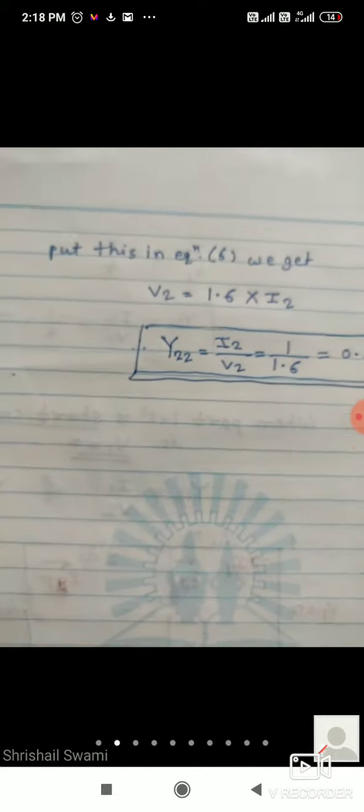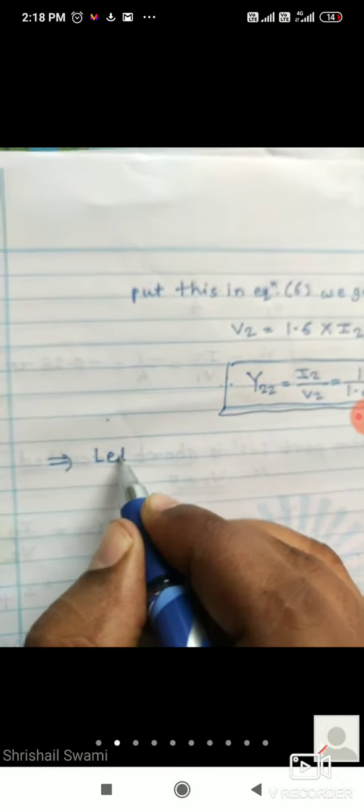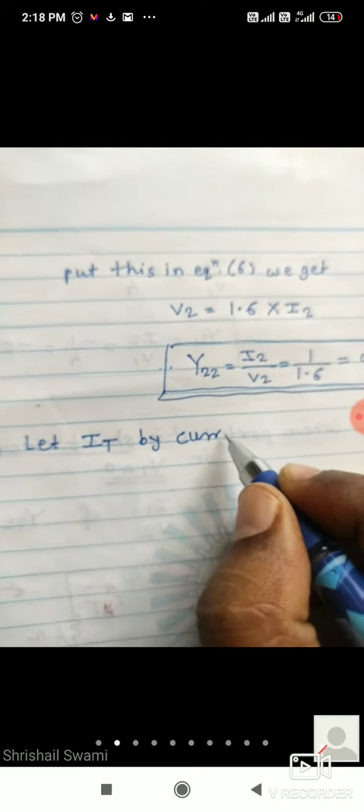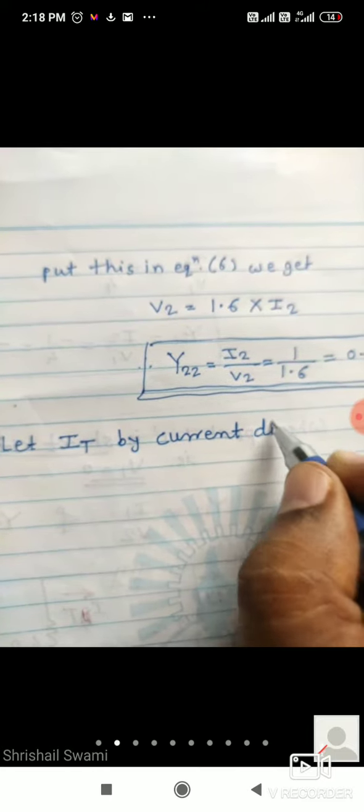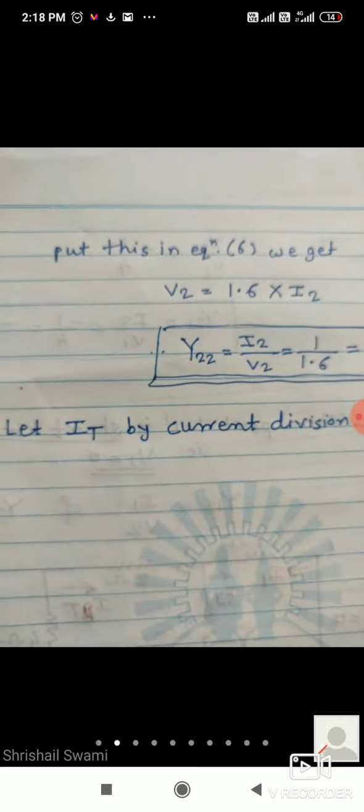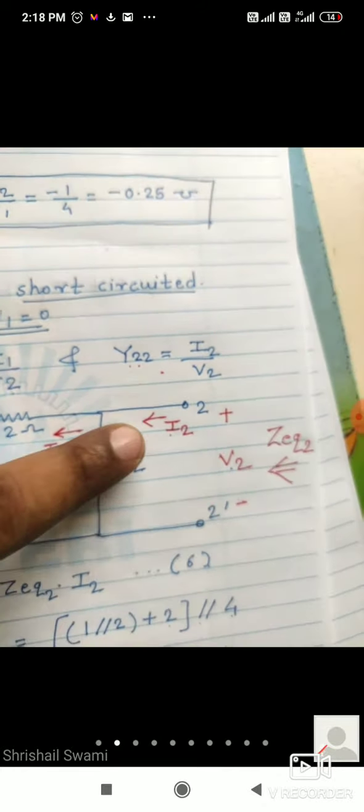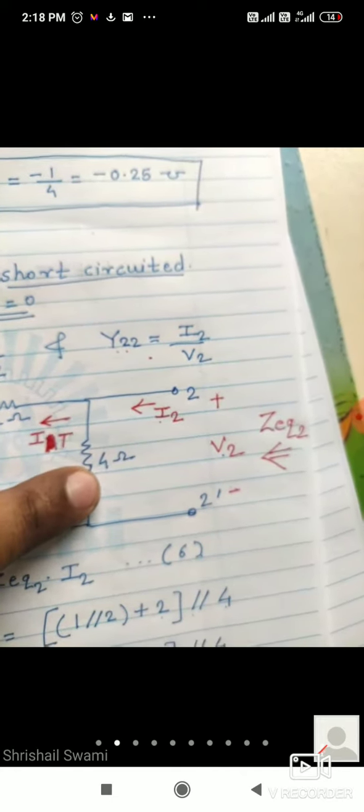So you got the third parameter. Now fourth parameter we are quickly finding. We have very less time. So let us find IT by current division. पहिला IT काढायचा आहे. Total current काय असणार आहे? I2. So it is very difficult now. 2 times you have to apply the current division. So carefully give the attention here. आता तुम्हाला IT current find out करायचं आहे. So to find out IT, total current I2 into opposite branch is 4.